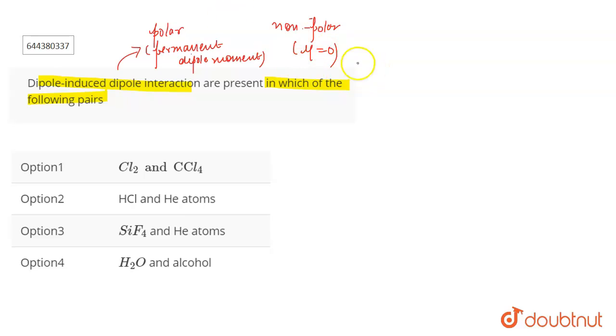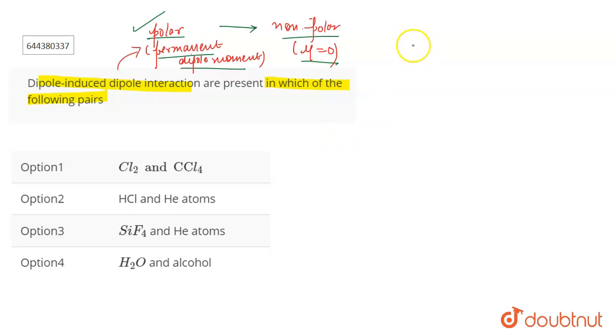So what really happens is that the molecule having a permanent dipole moment induces some kind of dipole moment in the non-polar molecule, and they lead to an interaction which is known as a dipole-induced dipole interaction. So one condition is that one molecule should be polar with a permanent dipole moment, and the other should be non-polar, having a zero dipole moment, right?